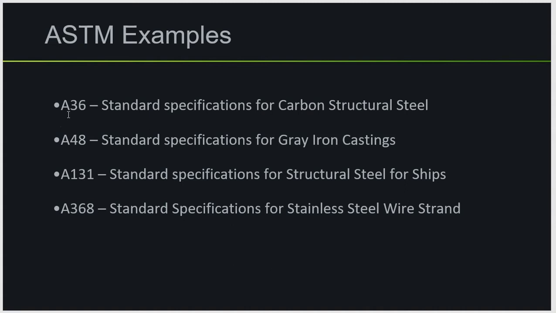So the most common classification that's used from this system is A36. Now, if we were to go back to their code book and flip the pages until we would find A36, the code book would tell us that all these metals that fall under this category are standard for carbon structural steel. So basically carbon steel that are used for structural purposes.